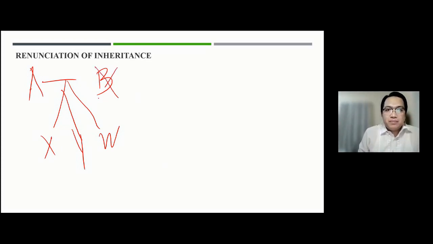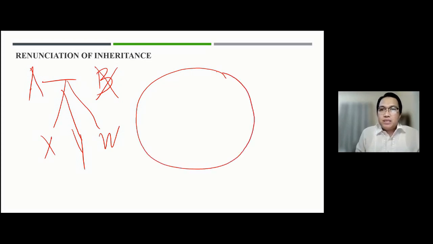Si B. Okay, namatay si B. Kung titingnan natin yung property ni B, let's assume this is the property of B. Di ba i-divide natin yan sa 2, yung property nila? Because this 1/2 is the share on the conjugal property of the surviving spouse, while the other 1/2 will form part of the estate of the decedent. Ito yung inheritance portion. Right?